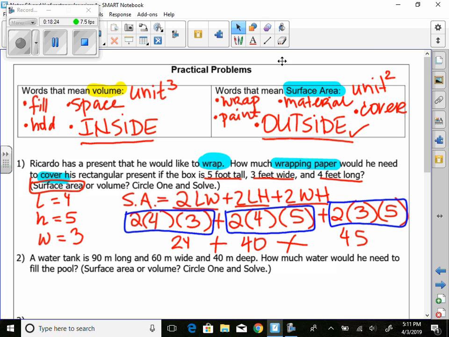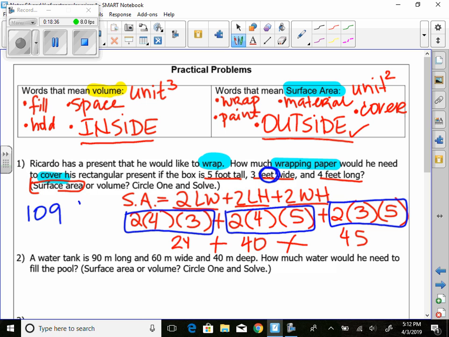And where would I write that? Let me erase this part. So he needs 109, okay, that was feet, right? Square feet of paper to wrap this box.